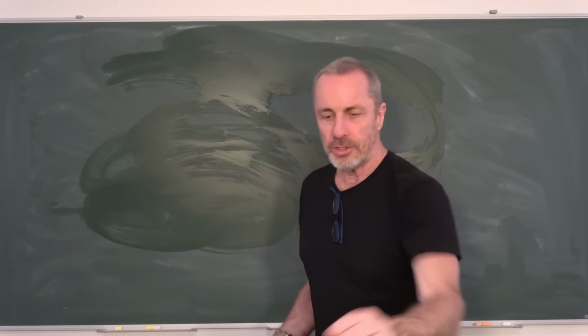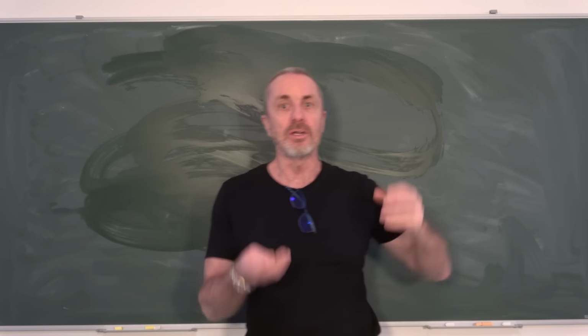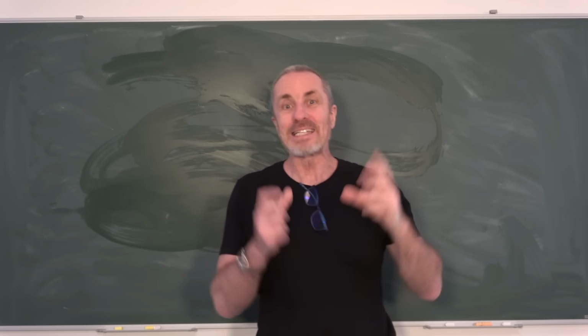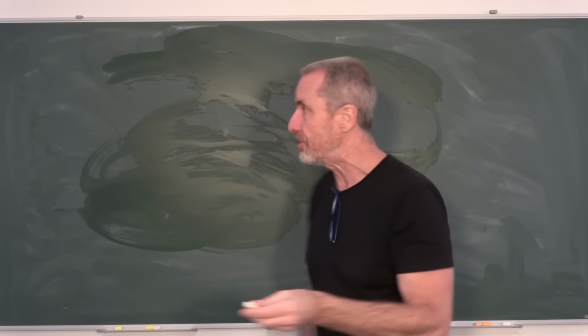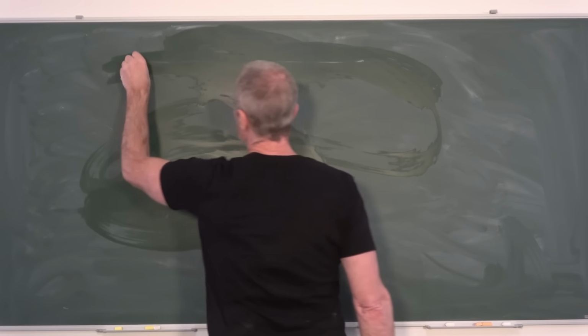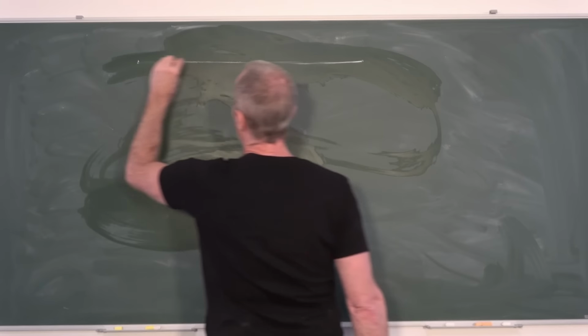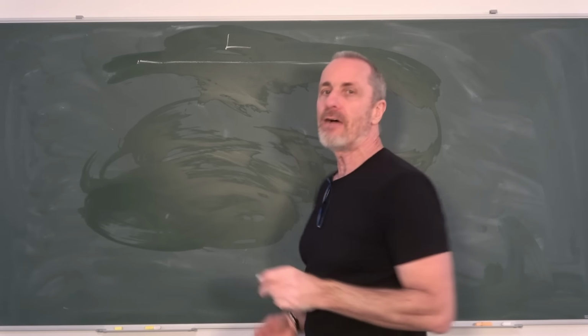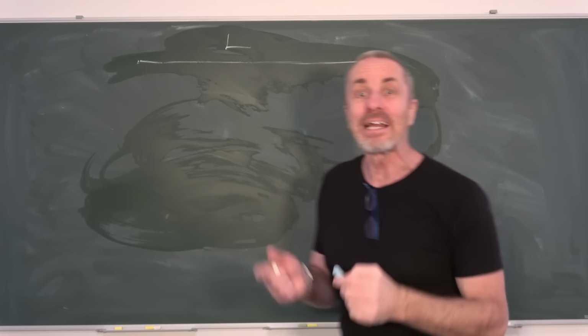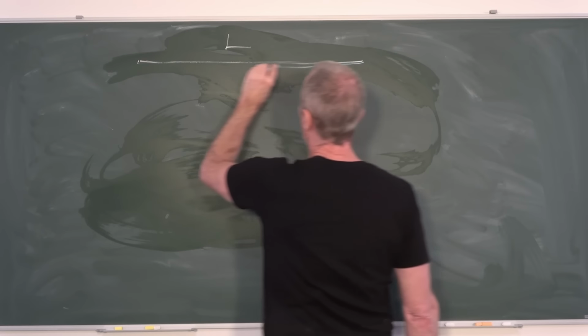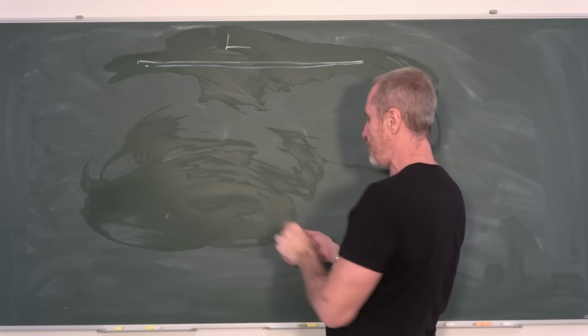Okay, so in order to address this objection, let me consider a slight variation of the previous model. We still have a string of length L, but now the difference will be that the string can also be blue in color. It can either be white or blue.